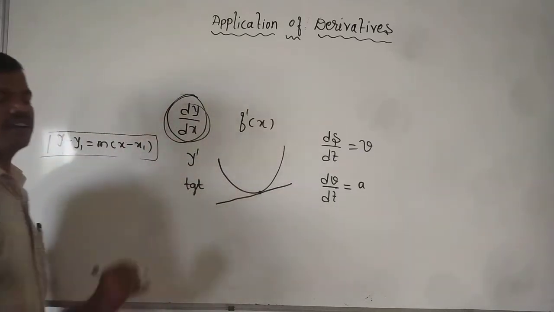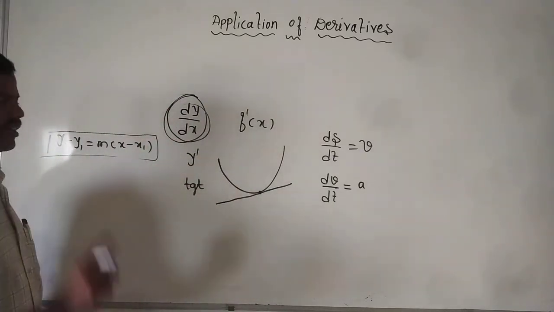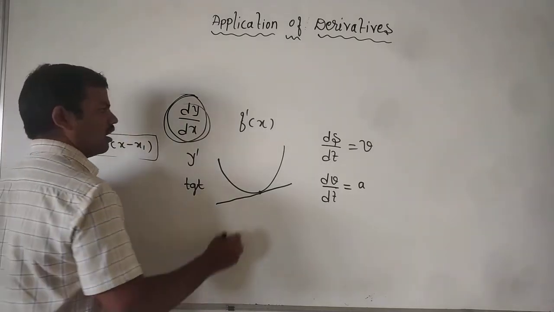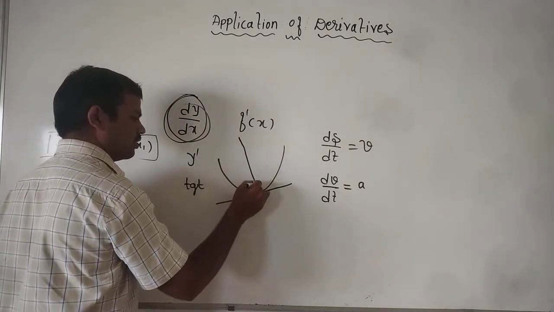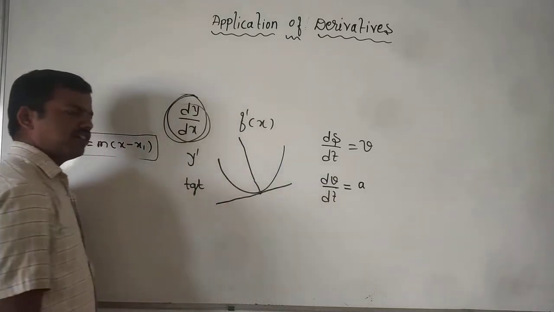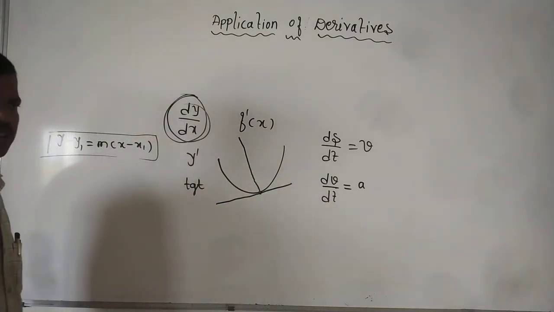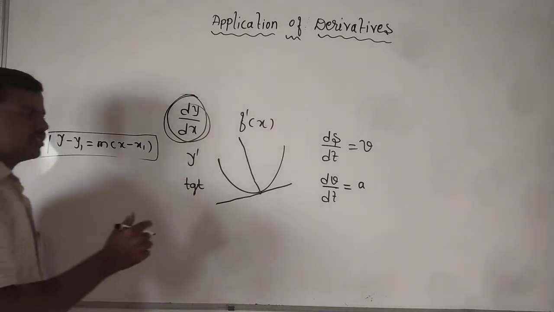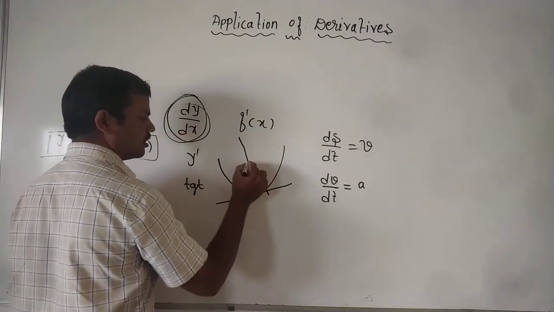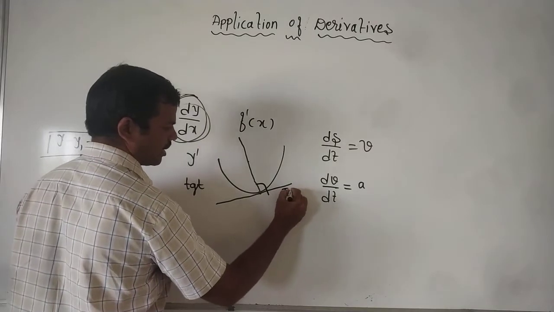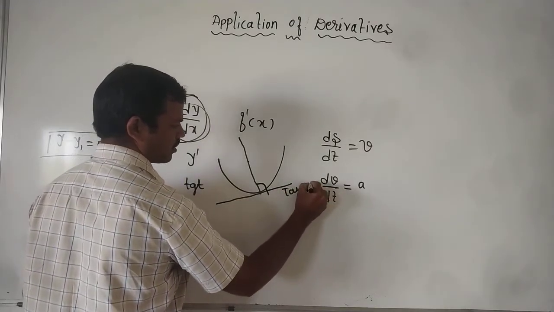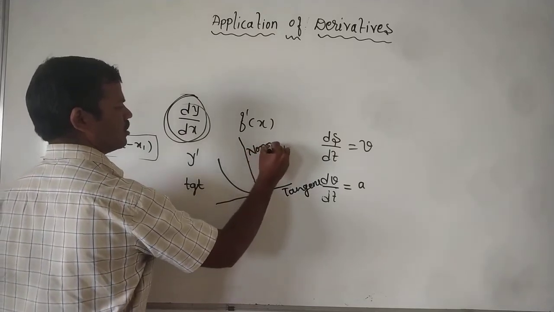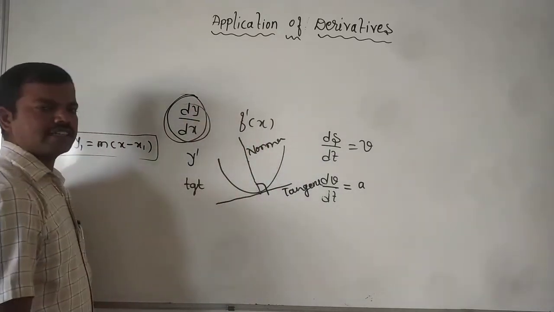A line which is perpendicular to the tangent at the point where the tangent touches the curve, we call it the normal. This one is the tangent, and this one is the normal.